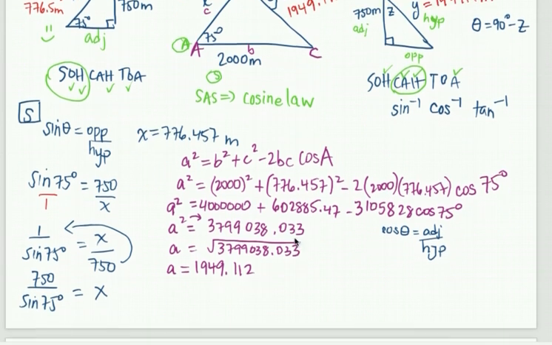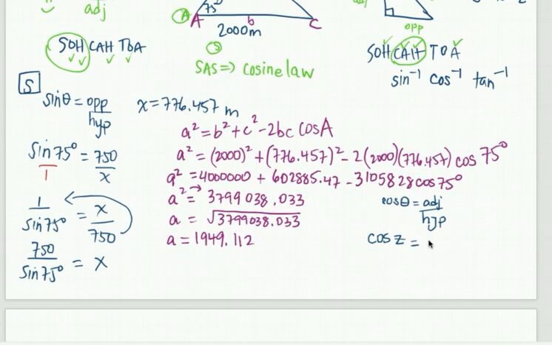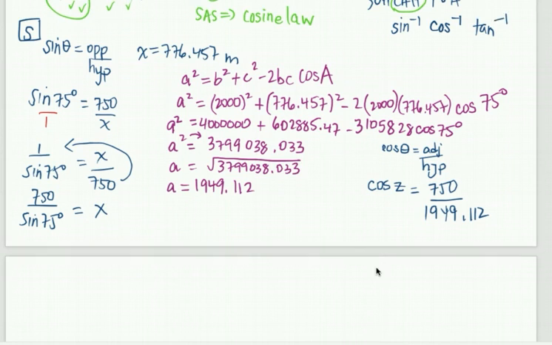Okay. All right, so we don't know the angle, so it's z. And adjacent is 750, and the hypotenuse is that 1,949. I'm going to use all the digits from the last question here. Okay, and there it is. So we'll keep going down here.